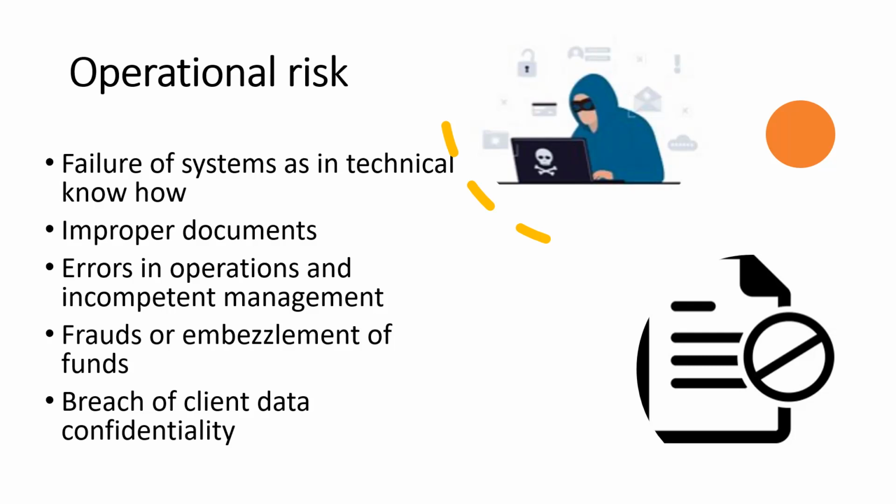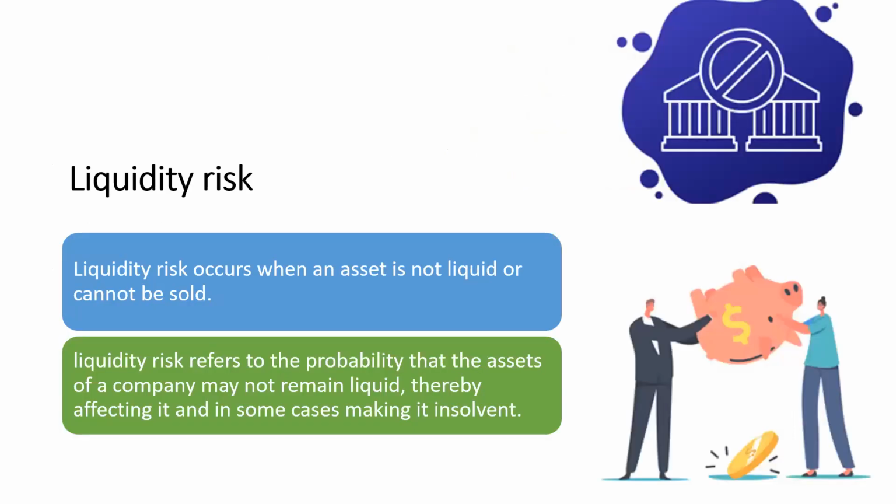And the last type of risk is liquidity risk. Liquidity risk occurs when the asset is not liquid or cannot be sold. Think that because of certain activities you are not able to convert your asset into liquid form, you cannot sell it, then there's no use of having that particular asset.